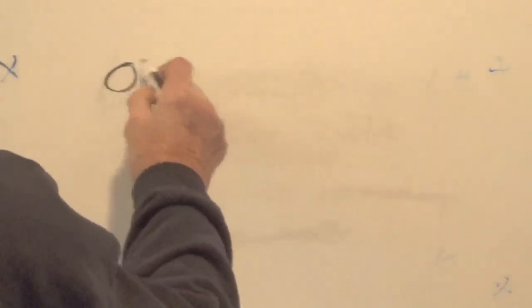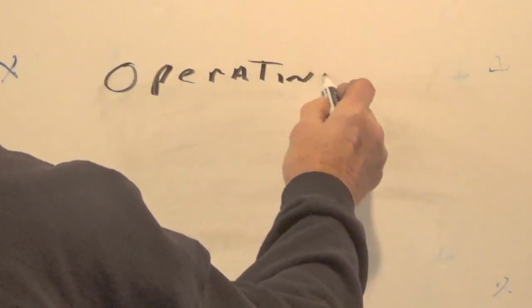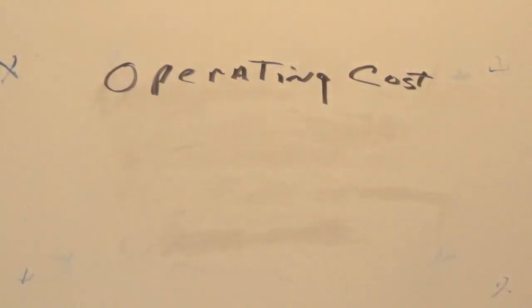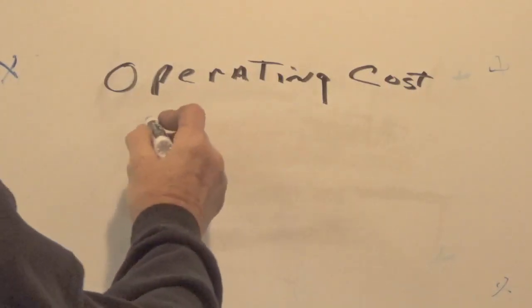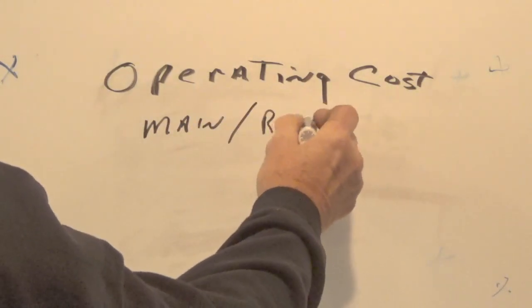Okay, so then underneath what's known as operating costs, let's write that down here. So under what's known as operating costs, you have things like maintenance and repair. So maintenance, repair.